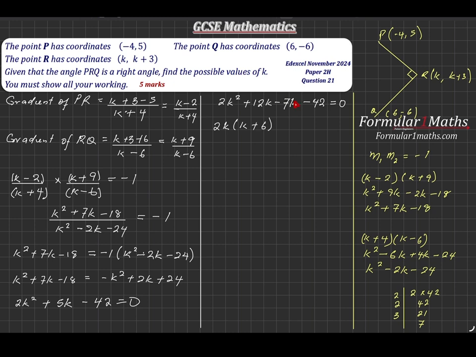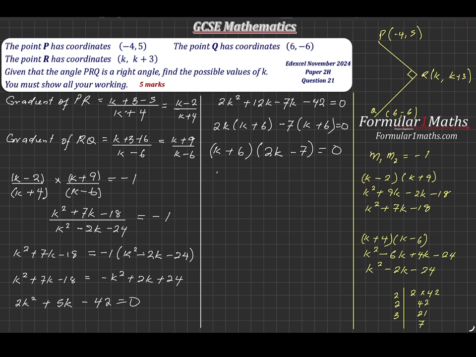And now looking at these two terms here, I can see that minus 7 is common. So if I bring that one out, I have minus 7 bracket k plus 6 equal to 0. Again, looking at these, I can see that k plus 6 is common. So if I bring that one out, I'm going to get k plus 6 brackets, and I'm left with 2k here minus 7 over there, and that's equal to 0.